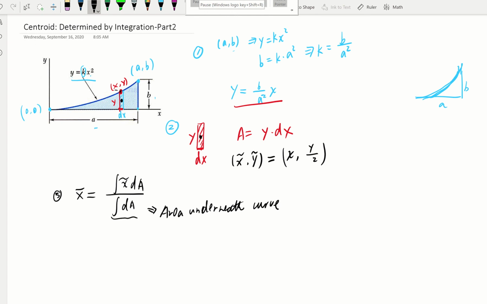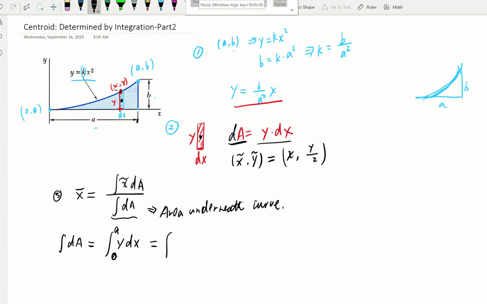So in order to solve that, we integrate dA, and dA is going to be y dx, where x ranges from 0 to a.